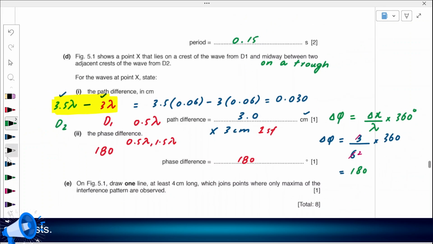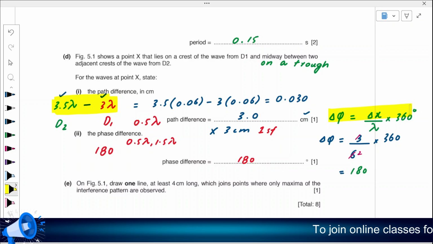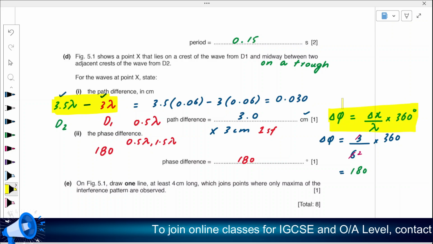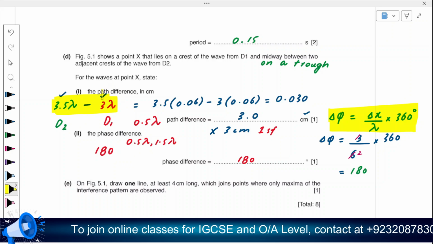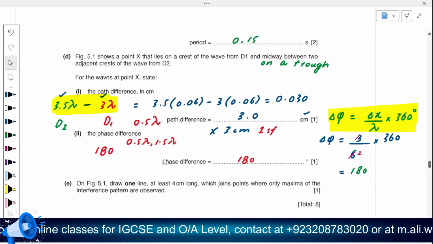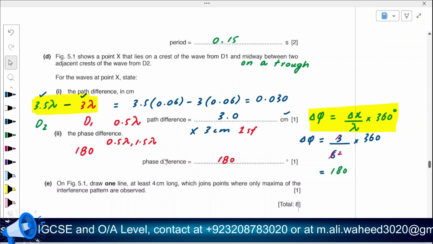But you should note down this formula by which you can convert path difference into phase difference. And to be honest, it is just cross multiplication. It is just the application of cross multiplication.